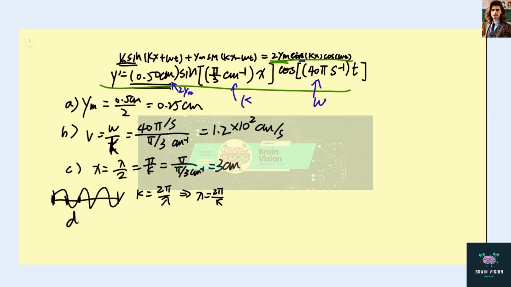Finally, part D asks for the transverse speed of a particle at a certain point.